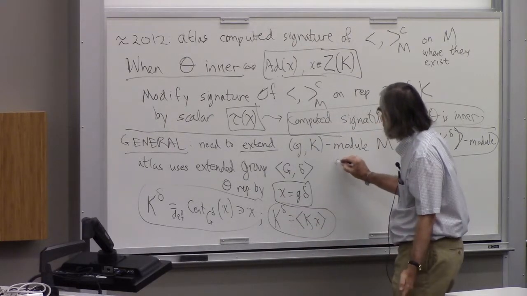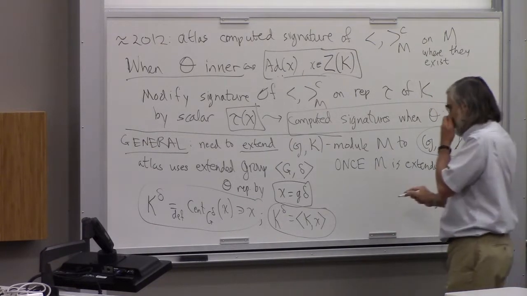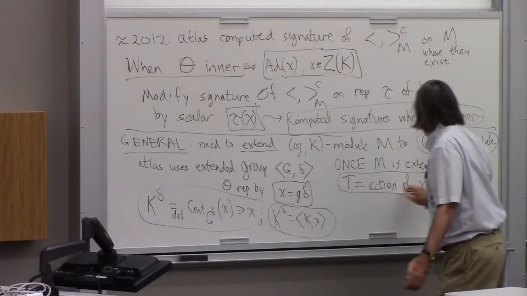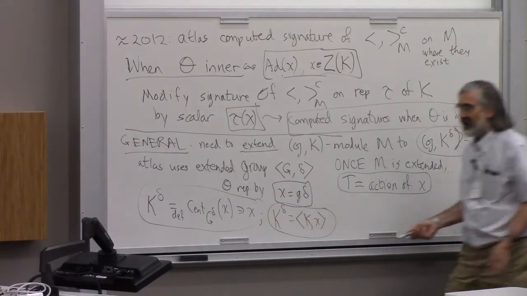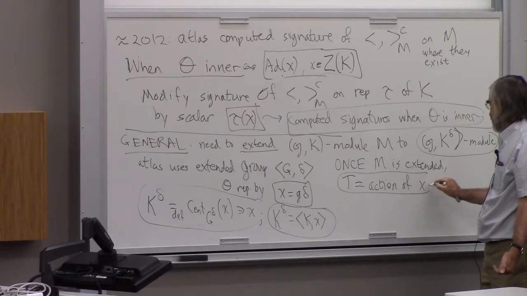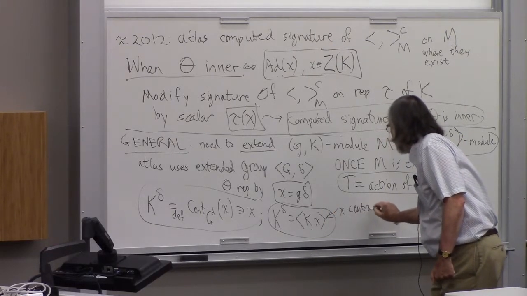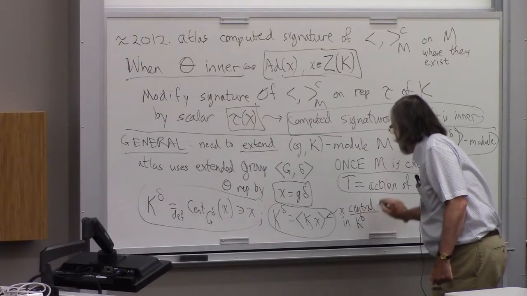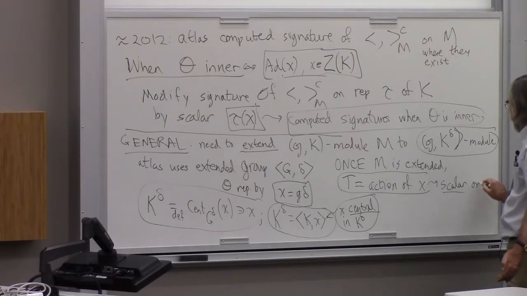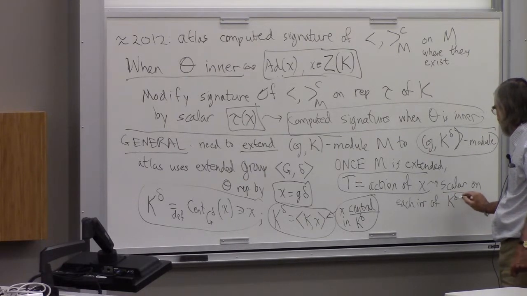Then, once M is extended, this operator T is essentially the action of this extra element X. The thing to notice is that this X is central in K delta, and so this is a scalar on each irreducible of K delta.